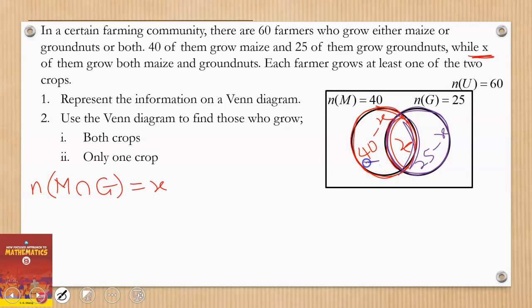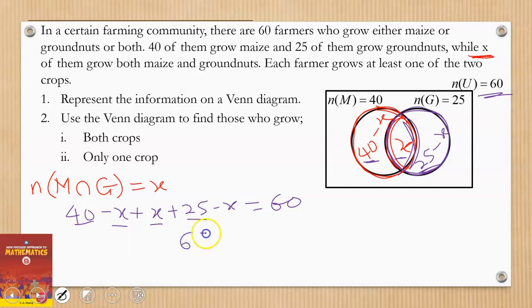When I put this plus this plus this together, it should be equal to the universal set. So I can create an equation by saying 40 minus X plus 25 minus X should give me 60. A simple equation here. Negative X plus X we know is going to give us 0. 40 plus 25 will give us 65.